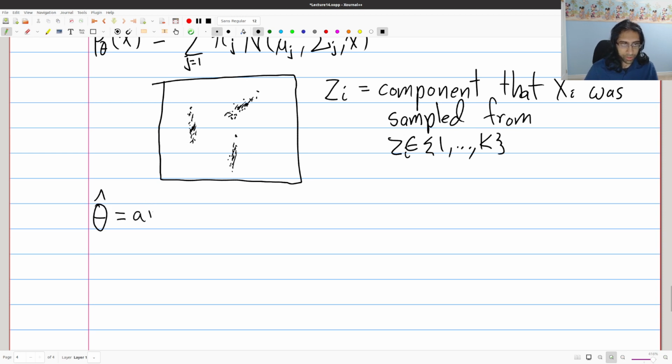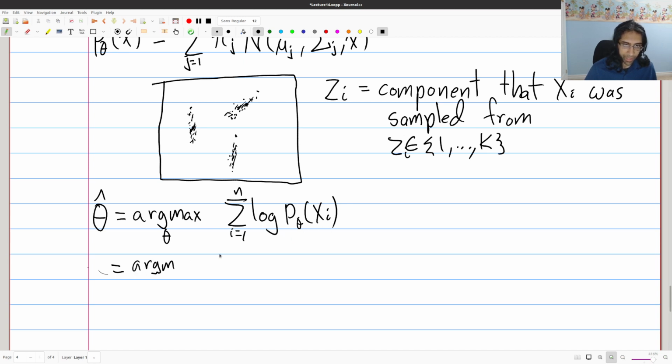All we're trying to do is compute theta, which is equal to the argmax over theta of the summation of log p_theta(x_i). And since we know which component each point belongs to, it's easy to simplify this. I'm going to expand this out: argmax over theta, summation i equals 1 to n.